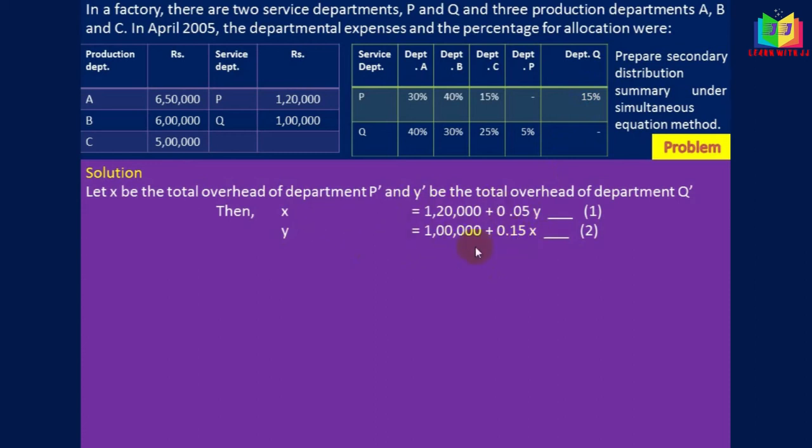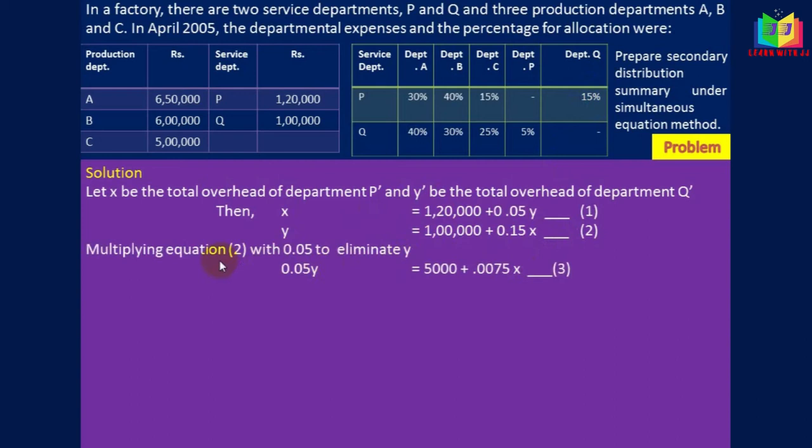Now we have to solve these equations in algebraic form. In order to eliminate one variable, X or Y, first we'll eliminate Y. For that we multiply the second equation by 0.05.